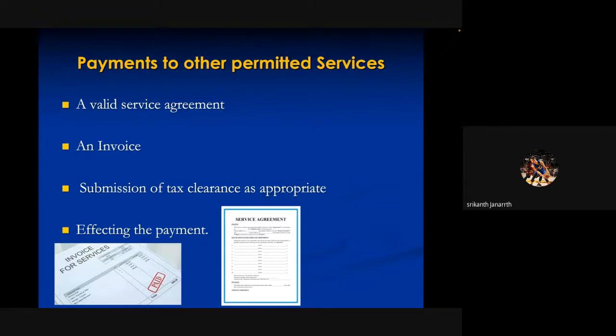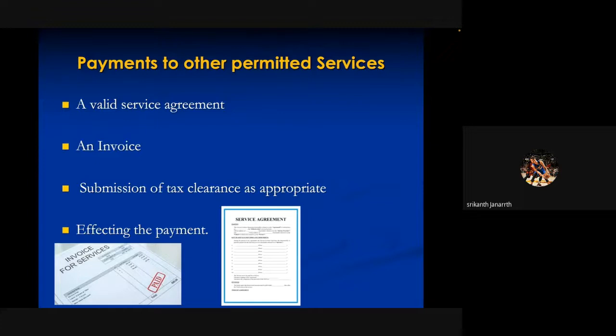Say they upgraded your software and entered a service agreement, and they have installed all the software for which you paid 10,000. In the service agreement, there is a clause that every year this particular software needs to be renewed, and payment is to be made after the software is upgraded.